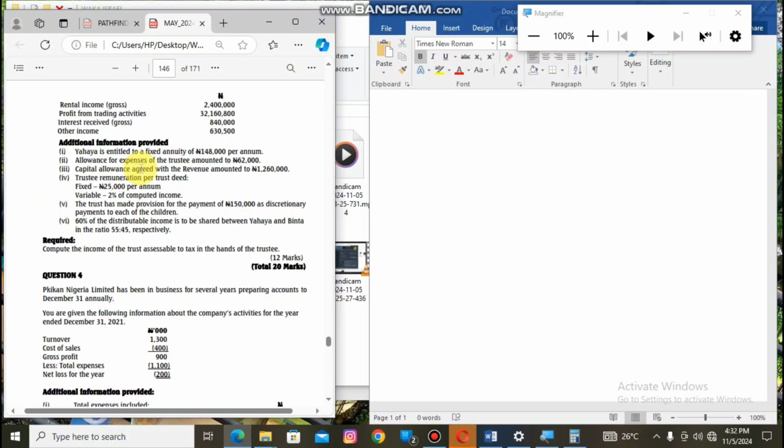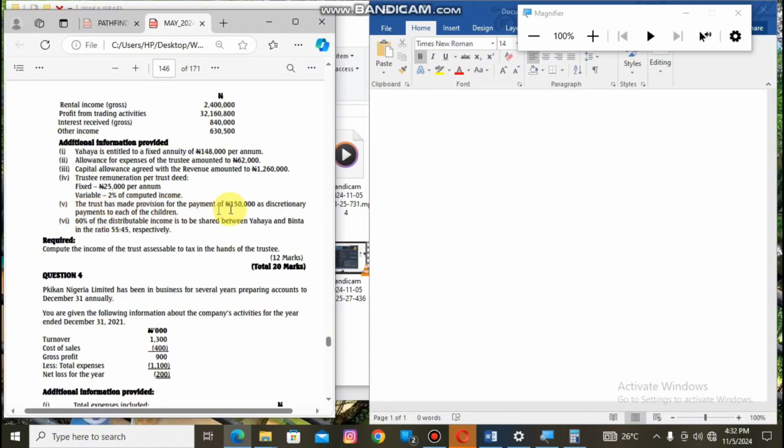But this is another very simple application we will absorb in this work, so as to enable us to get through without stress. When we get to that place, I will explain what you will do to get the variable trustee remuneration. So without wasting much time, we look at the requirements.